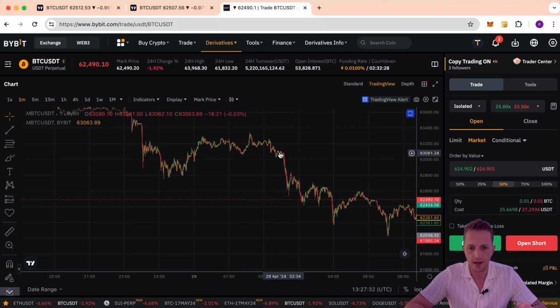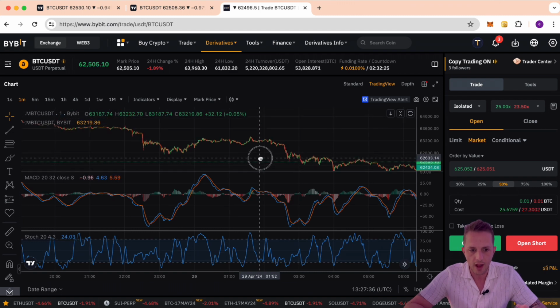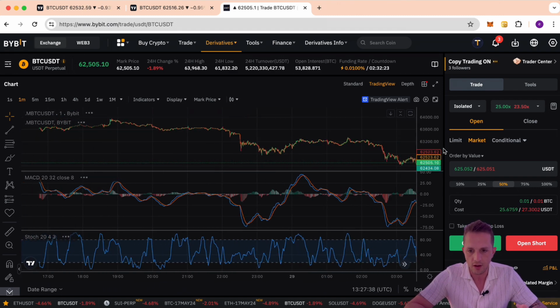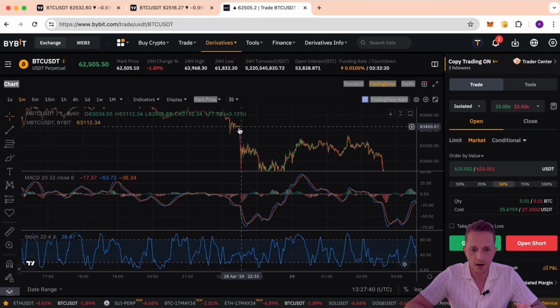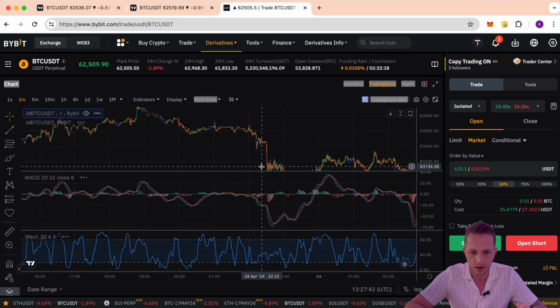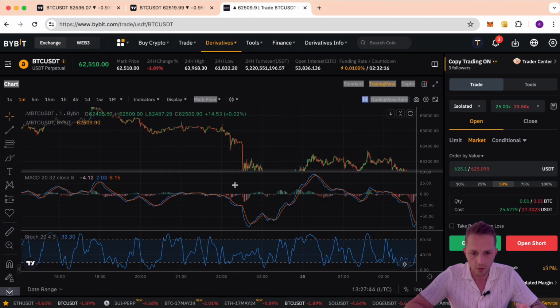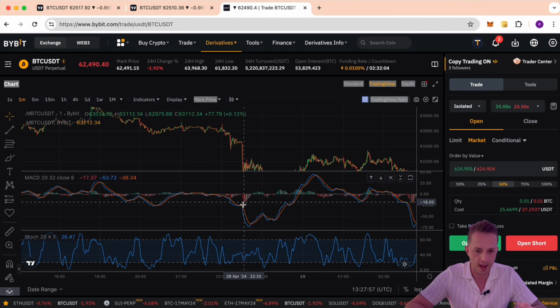Okay, as you can see here, we had some accumulation, and then Bitcoin is going down. In the indicator we see exactly the same thing: the blue line tried to spike up but it didn't, and the orange line won and positioned up the moving average.